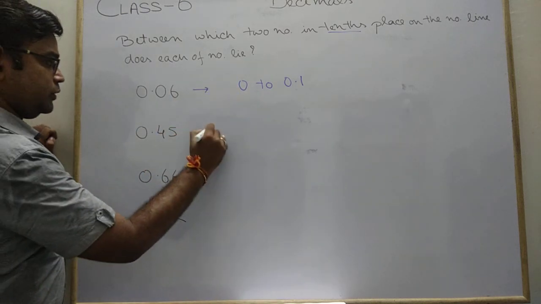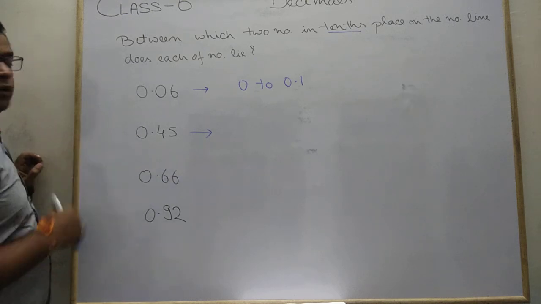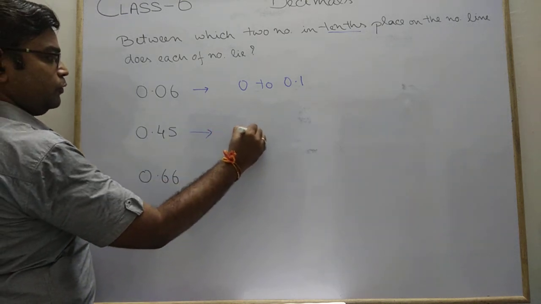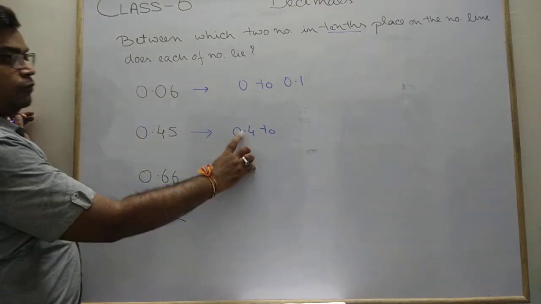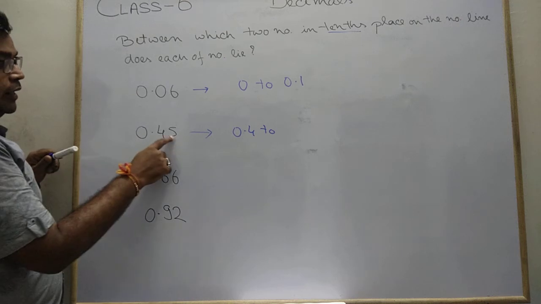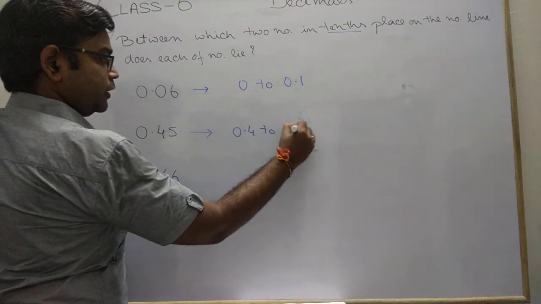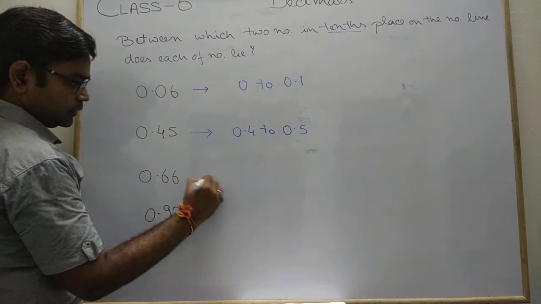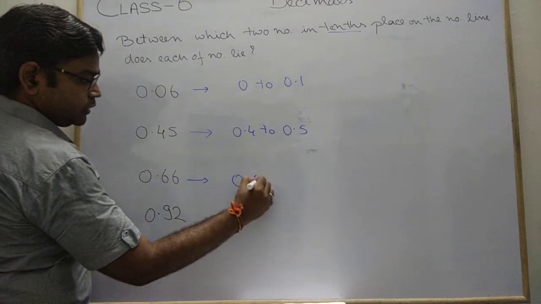Now the next one. Here, what is the lowest limit? It's 0.4. So the lowest limit is 0.4. What is the next limit from 0.4? It's 0.5, because it comes at the hundredths place. Then in this case, 0.6, because the lowest limit is 0.6.